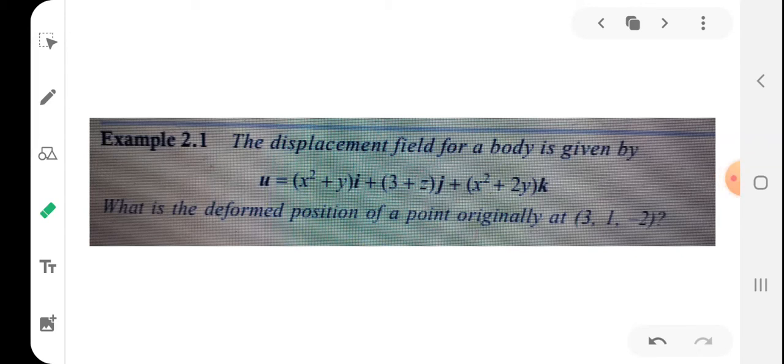Here u equals (x square plus y) i plus (3 plus z) j plus (x square plus 2y) k. The position is given. What is the deformed position of a point originally at 3, 1, minus 2? So the original position P is known. P is 3, 1, minus 2.